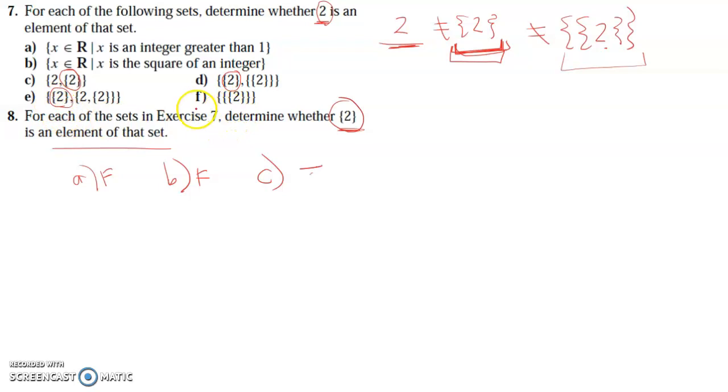And lastly, F is going to be false because it contains the set of the 2. So let me just read out: C was true, D was also true, E was true, and F was false.